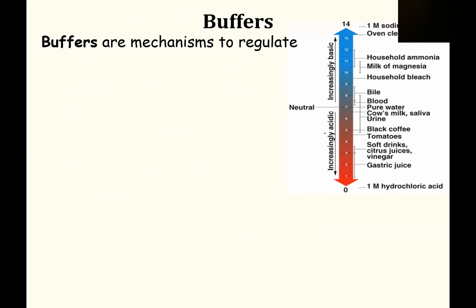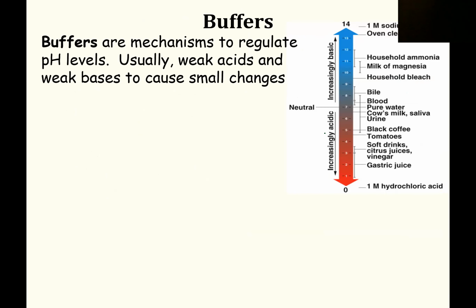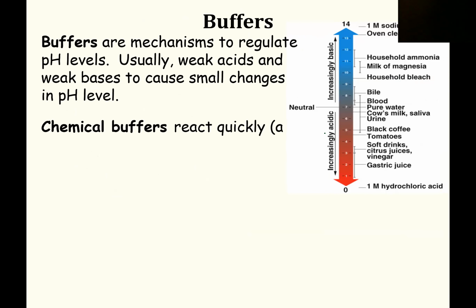Buffers are mechanisms to regulate pH levels. Usually we use weak acids and weak bases to cause small changes in the pH levels because we don't want big changes, we want small changes. There are two types of buffer systems.